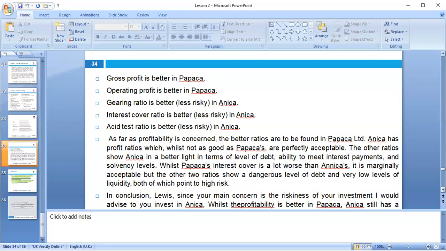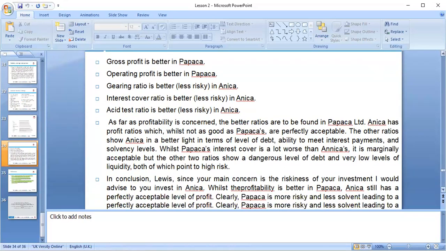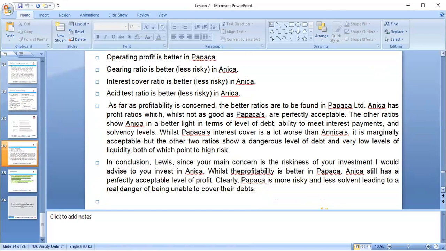Overall, we can conclude that Paprika is more risky and Anika is less risky. Anika is better to invest in because it has an acceptable level of return and is less risky as well.